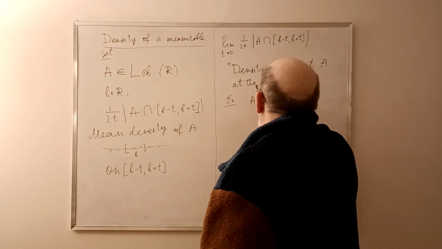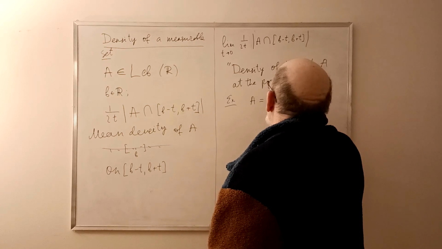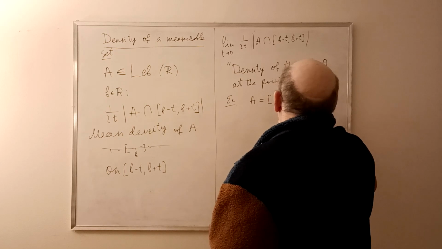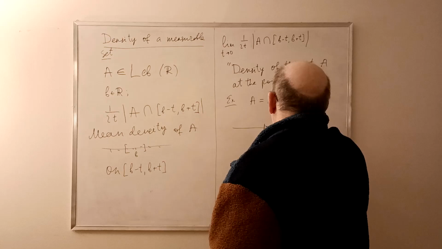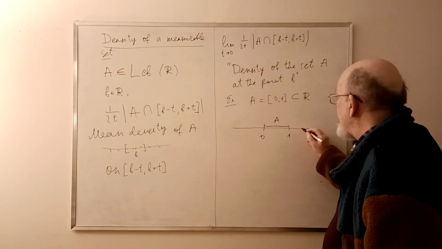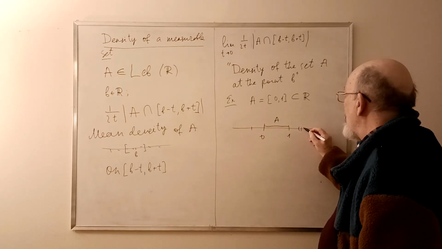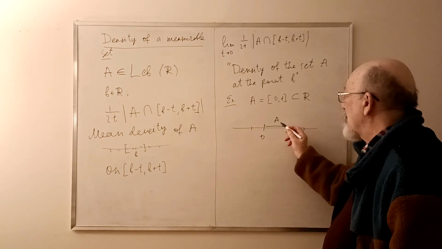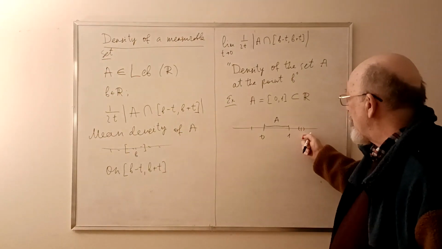In particular, for example, if A equals, say, the interval 0, 1 in R, this is A. Then if b is outside, then for small t, all this segment is beyond our set A. So the density is 0.